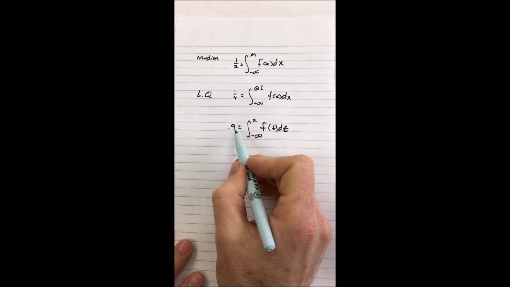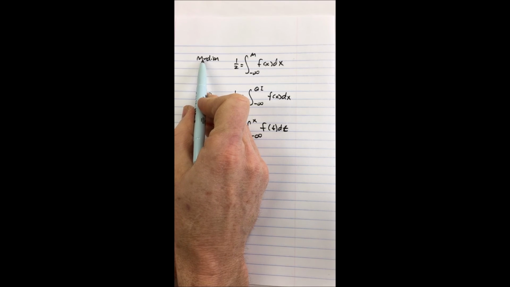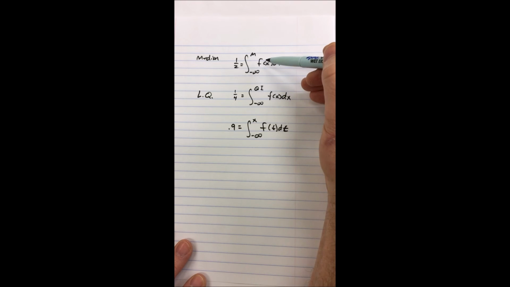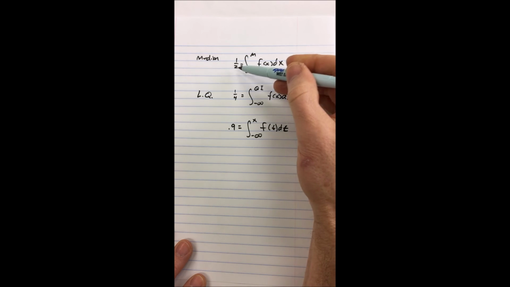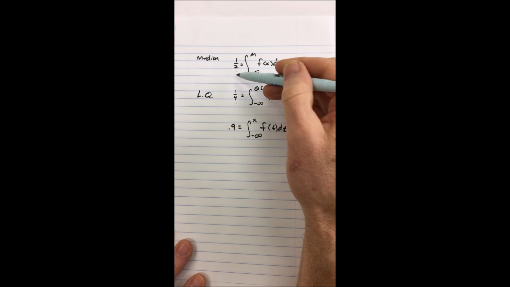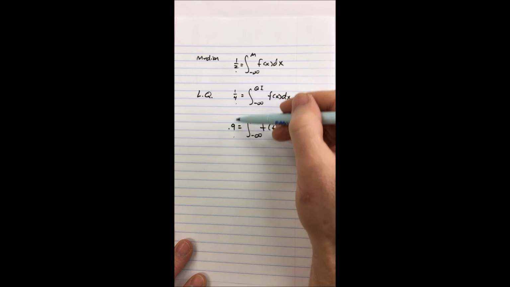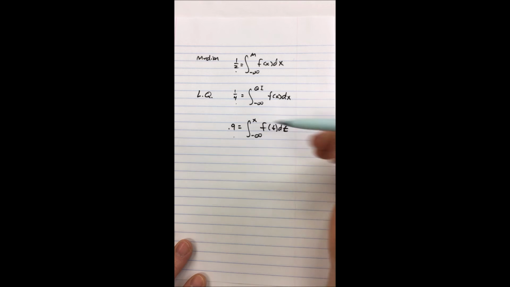So keep in mind that if they're asking you for the median, lower quartile, or any sort of percentile, all of these problems are going to be exactly the same. The only difference is what is going over here. Median is half, so it's 50th, 25% for the lower quartile. If they ask for the 90th percentile, you'd put a 0.9.